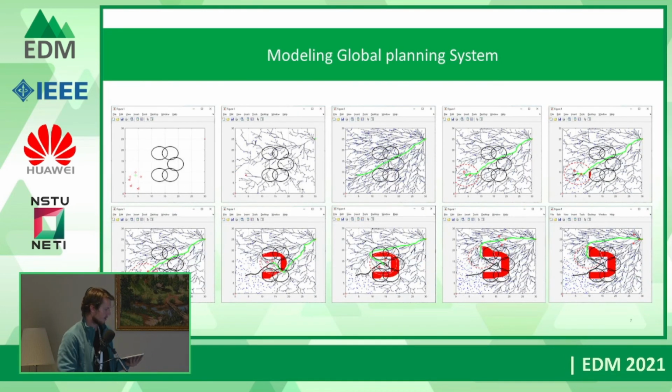On the next slide you can see our simulation, where a group of vehicles moves on potential field algorithms and with the RRT star algorithm, and they work together. So that is our work, what we do.